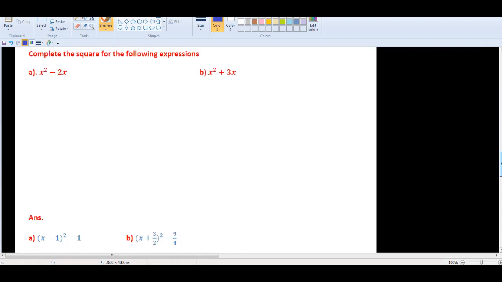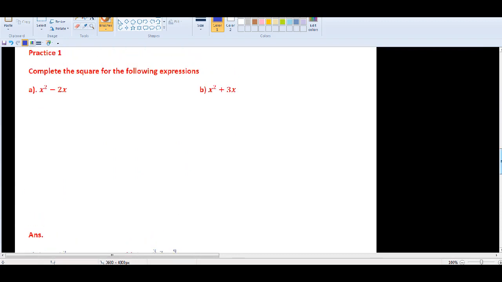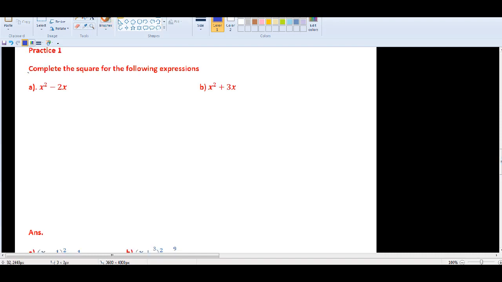I'm going to give you two practice questions to try to complete the square. You might take some time; you need to try by yourself to see if you really understand how to do each step. I'll give you a start for the first question. It's a little bit tricky because you've got x squared minus 2x.